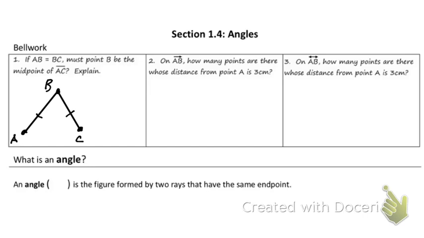They are congruent, but B is not a midpoint. So it's a little bit of tomfoolery, but the answer is no. Once again, I wouldn't put that on a test, because my goal on the test is that you know that midpoint means smack dab in between.